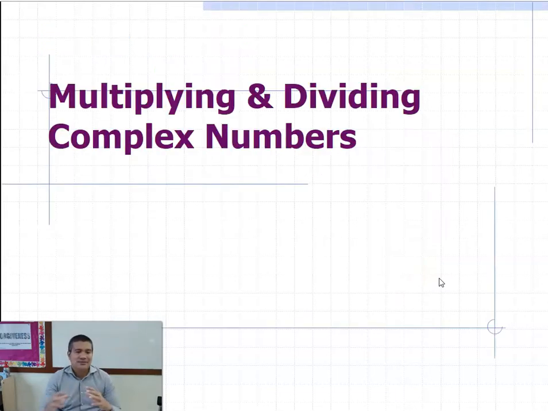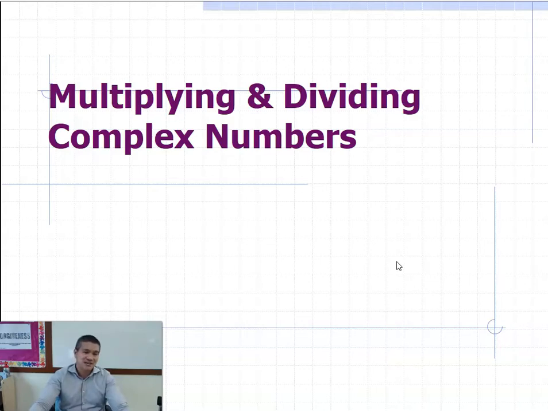Okay, now the next part is how to multiply and divide complex numbers. When you're going to multiply, remember that you're going to add the exponents again, right? We have the multiplication rule of polynomials, which is you're going to add the exponents: a raised to the power of m times a raised to the power of n will give us a raised to the power of m plus n, right?